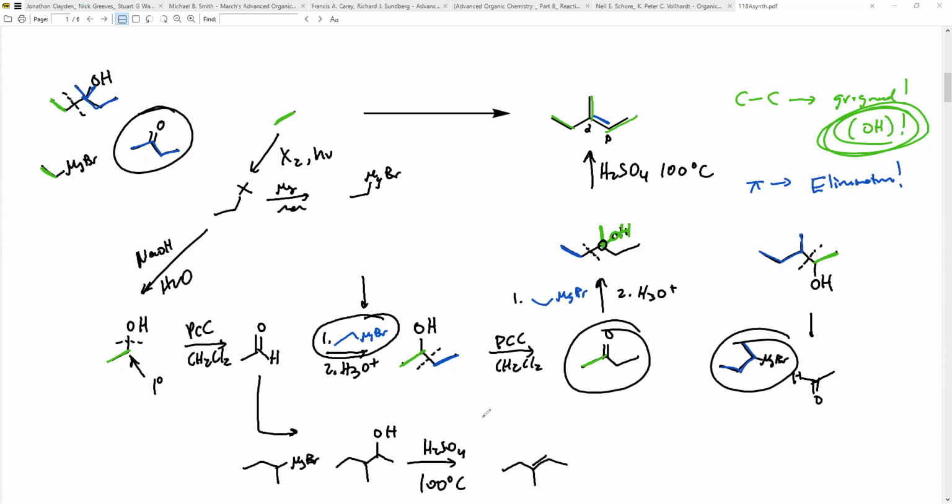But if there's no constraint, then by all means use the cheats. The cheats are great. Look at this one: by assuming that this here was your original starting piece, like we did back here, you can reduce the synthesis to 1, 2, 3, 4 steps, as opposed to this long-winded one.